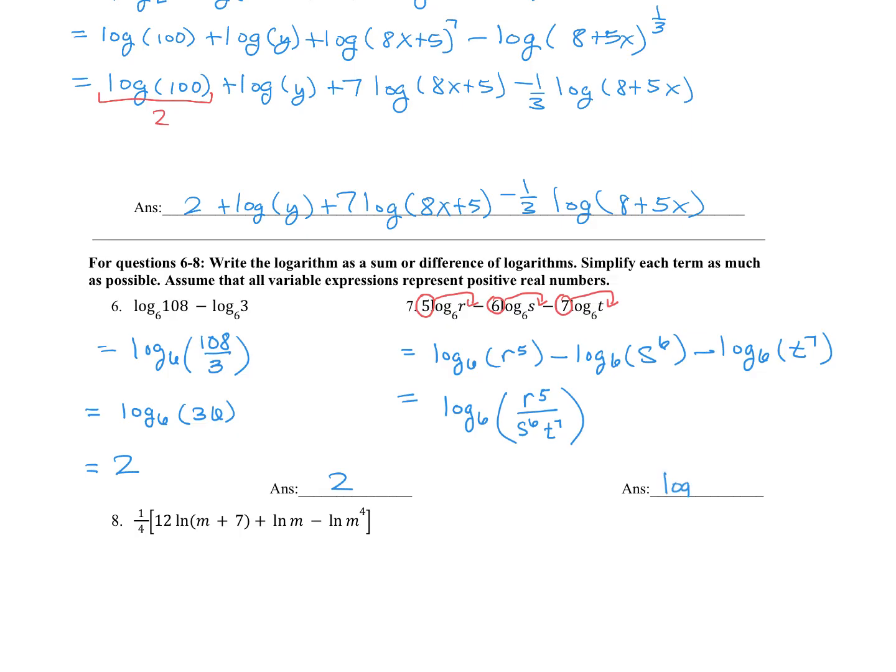So again, log base 6 of the fraction, r to the 5th over s to the 6th, t to the 7th. Remember again, you're going to have one single logarithm as your answer. And a way to check this is keeping in mind that negative exponents are reciprocals. So those two minus terms, which are negative terms, they go down in your denominator when you build your fraction.